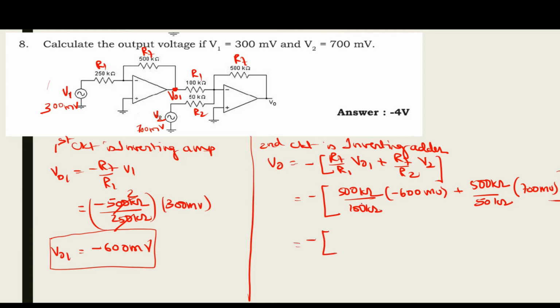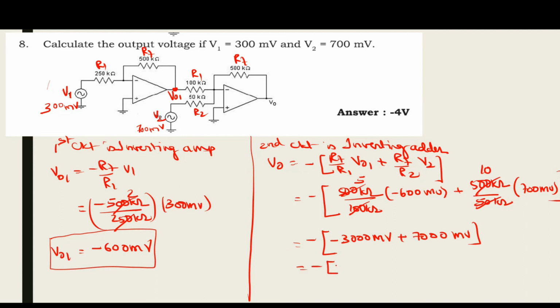Minus of, what will this ratio be? 5, 6 5s are 30 and followed by 2 zeros millivolt. I am right now keeping it in millivolt. Later I will convert. This is 10, 10 sevens are 70 and then the 2 zeros like this.